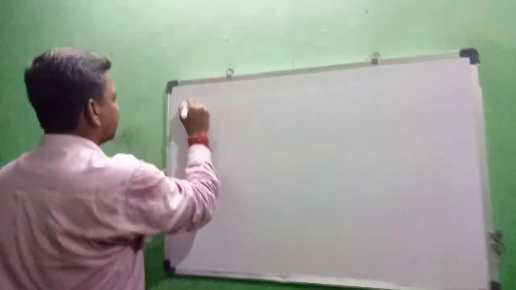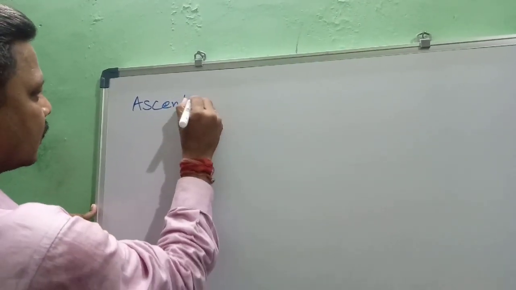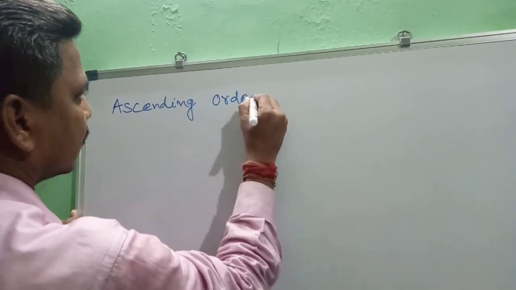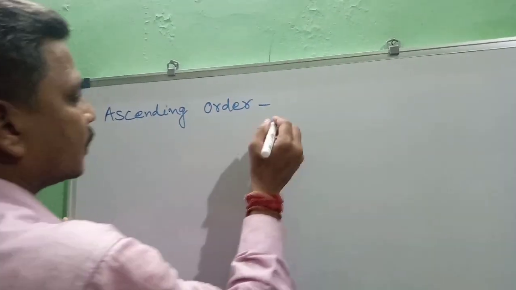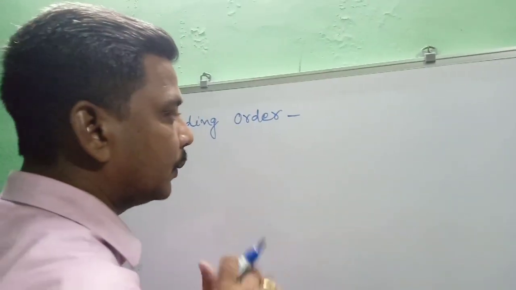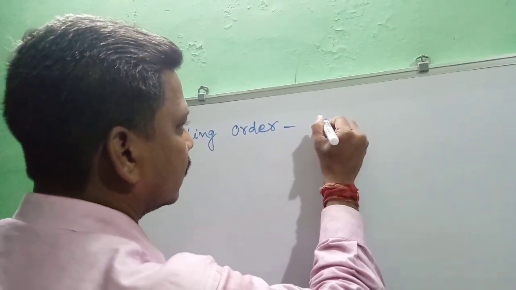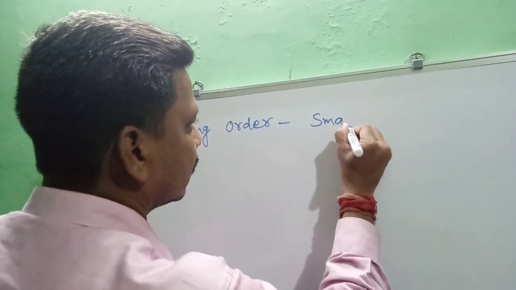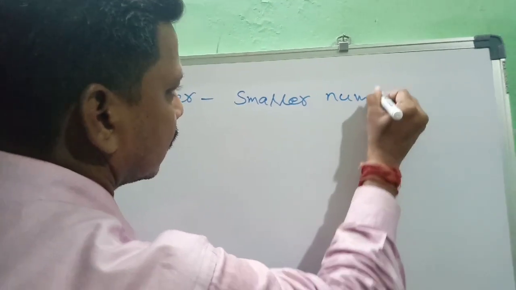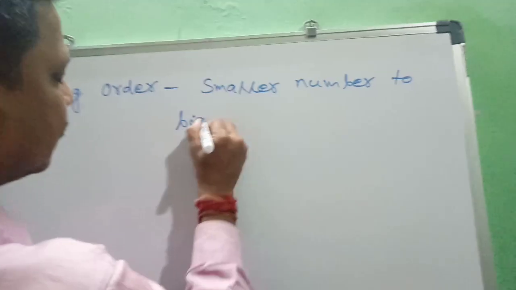Ascending order means, when we write the numbers from the smaller value to the bigger value, then we use ascending order. Smaller number to bigger number.